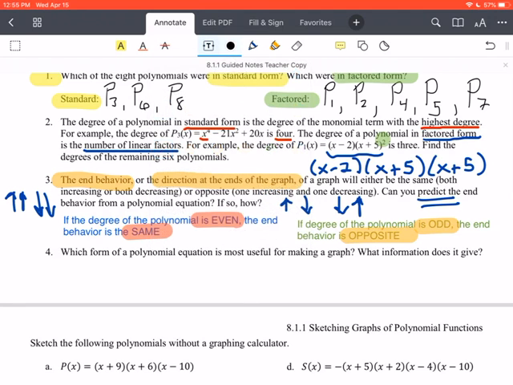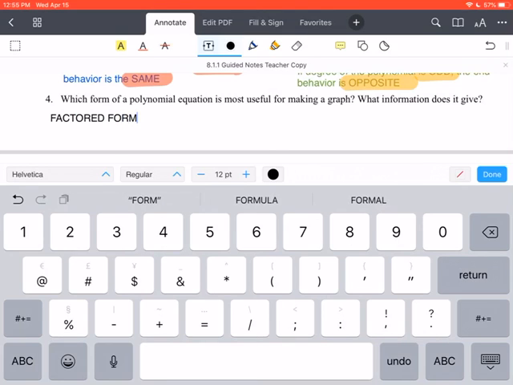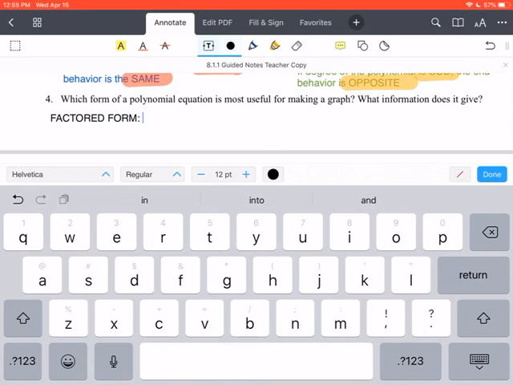Well, that was when it was in factored form. So we definitely want to be given equations that are in factored form, because what can we do with factored form? Well, we can right away, this was yesterday's lesson, determine those x-intercepts, because we can use ZPP by making our mini equations.